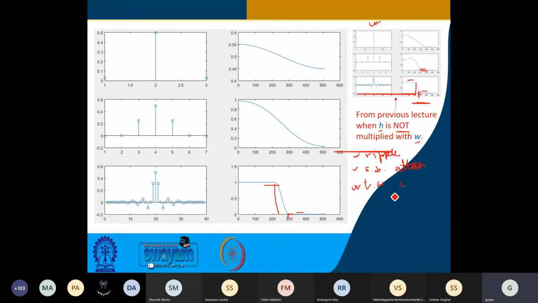But as I said, design is a trade-off. One issue is that the guard band, the transition band, now becomes a bit wider. So it is up to the regulator or the standard authority whether they allow this much guard band or not, because it is not productive. Neither can I use it nor can the other person use it.